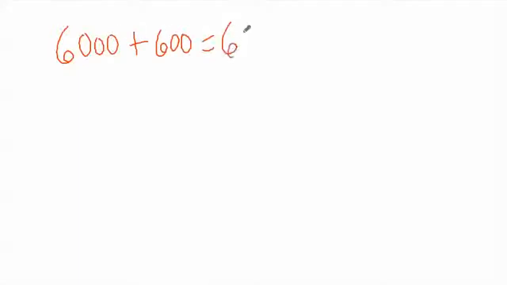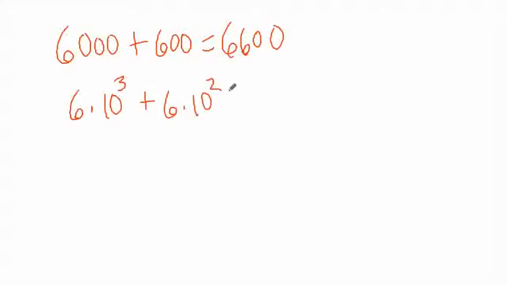Okay, that would give 6,600 clearly. But let me do it in scientific notation. So 6,000 is equal to that. 600 is equal to that. Now, the exponents are not the same, are they? So you can't just do 6 plus 6, so the answer is 12 times something.